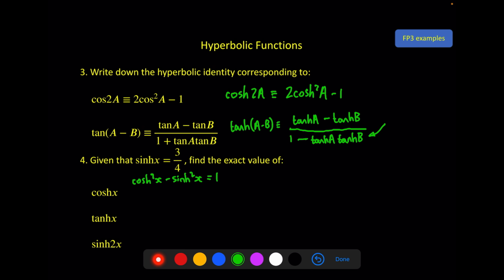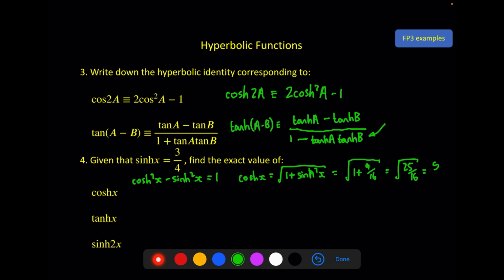So if I use this, I can see that cosh x is going to be equal to the square root of 1 plus sinh squared x, which is equal to the square root of 1 plus 3 over 4 squared, 9 over 16. 1 plus 9 over 16, we get 25 over 16.